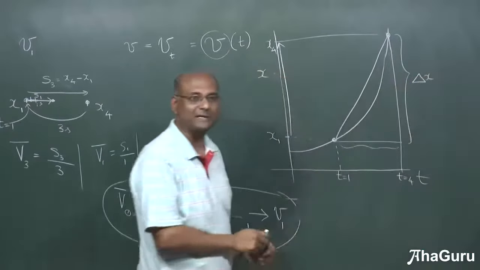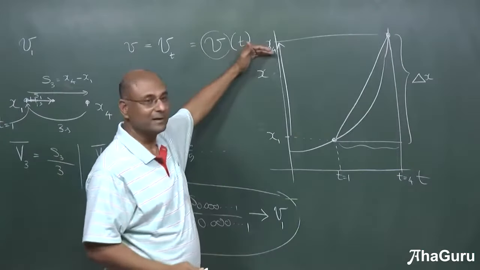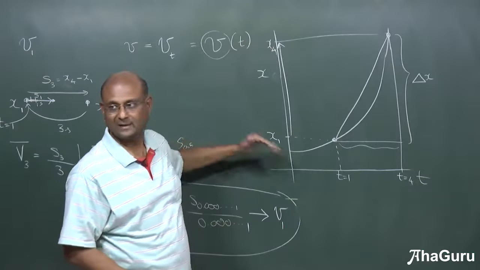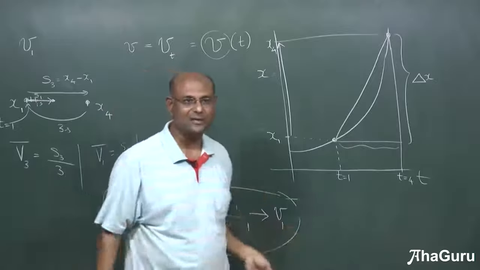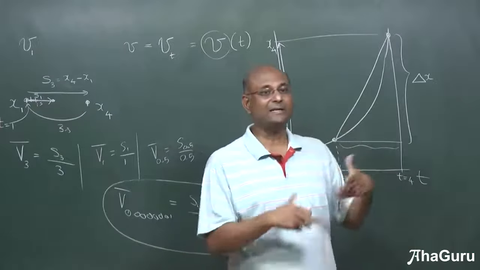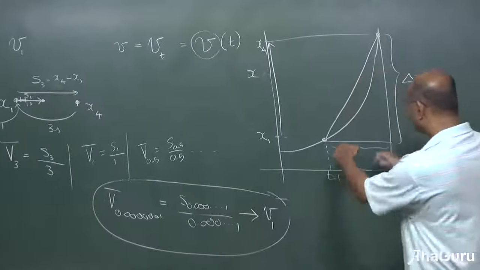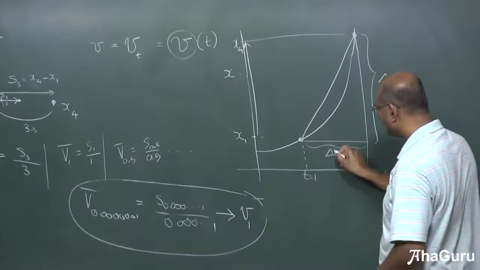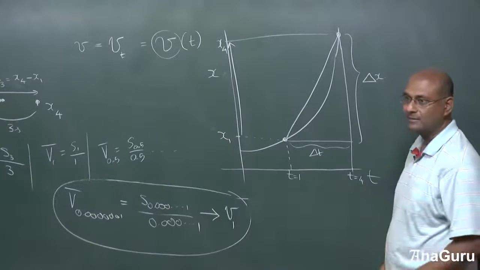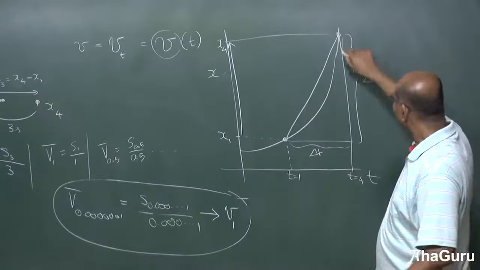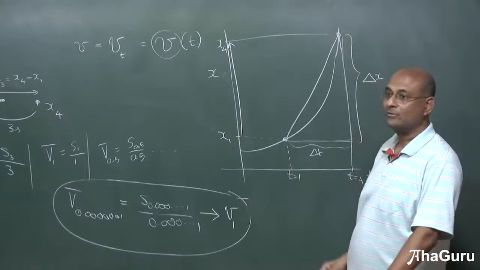What does delta x mean? x4 minus x1. It just simply means change. So change in position, delta x. Change in time, delta t. So what is delta t? 4 minus 1, 3. So if I divide this by this, what do I get?